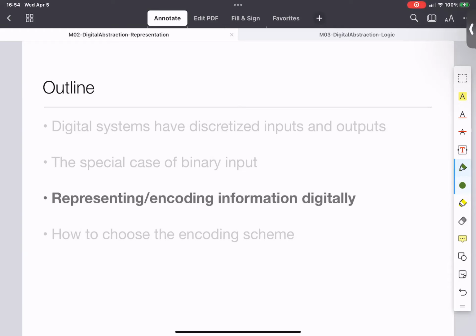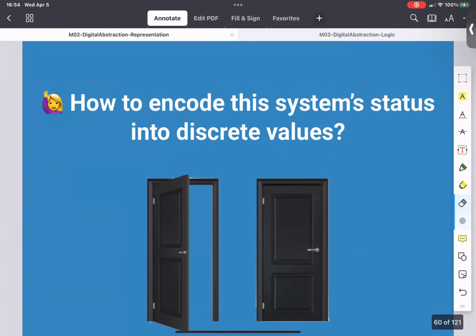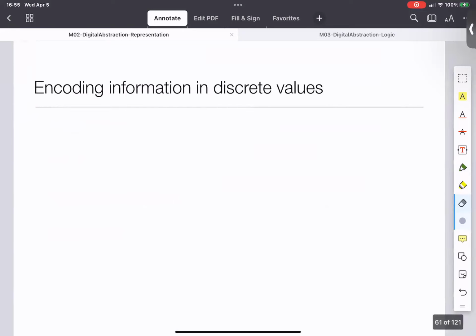We also talked earlier about digitizing analog signals, like temperature or blood pressure. But now let's talk about what considerations go into it when I have a set of discrete states of the world, and how do I map them into bits?